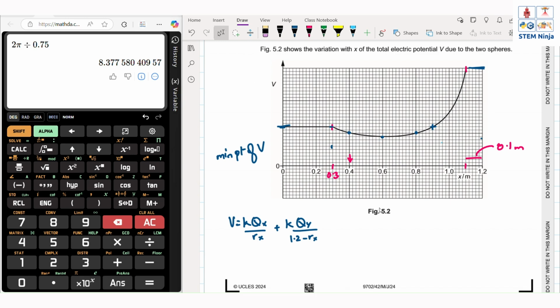And this can only happen if the charges are the same magnitude also. Because we're saying that the force due to x is equal to the force due to y at x equal to 0.6 meters. So force is kQ over r squared.